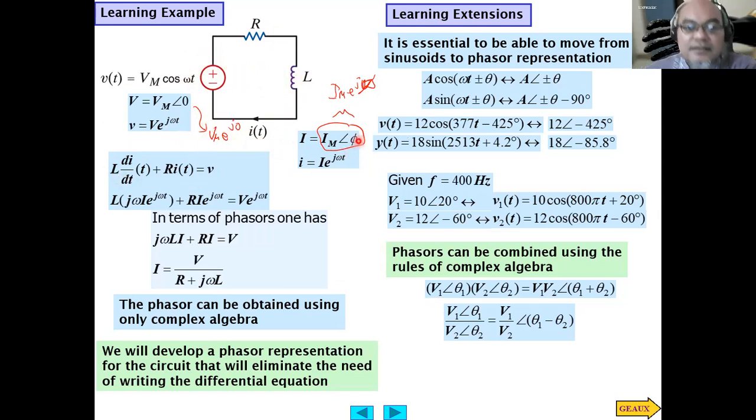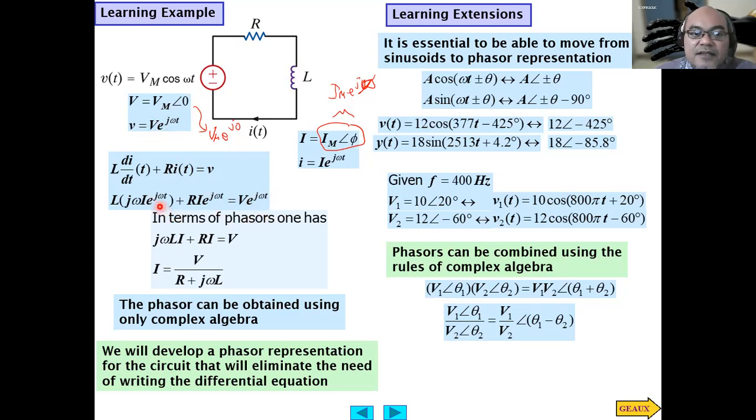Then we can insert this component, the small i here equals the large I exponent j omega t. Differentiated against time, it becomes j omega times the large I exponent j omega t, plus R I exponent j omega t, equals the small v here, which is large V exponent j omega t.